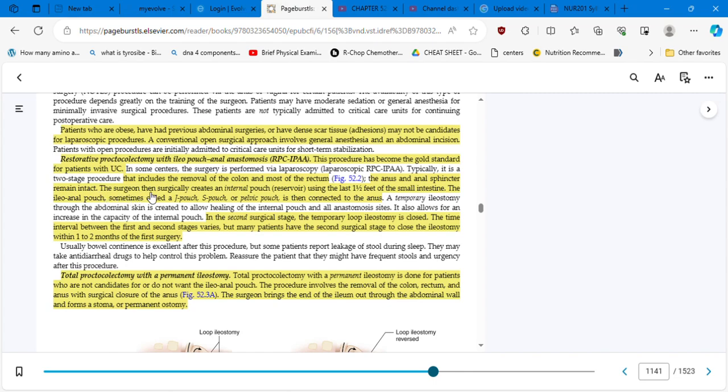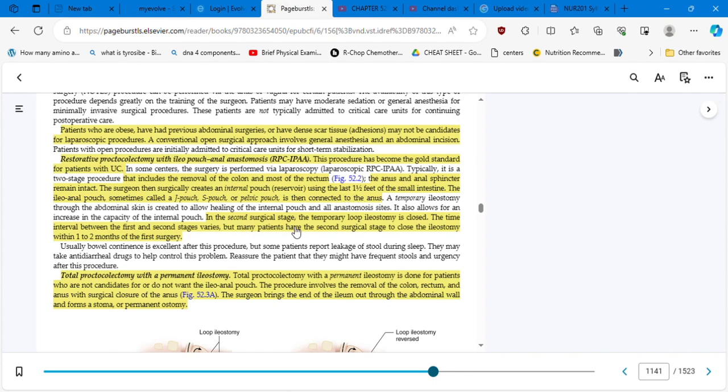The surgeon then surgically creates an internal pouch reservoir using the last 1.5 feet of the small intestine. The ileoanal pouch, sometimes called a J pouch, S pouch, or pelvic pouch, is then connected to the anus.